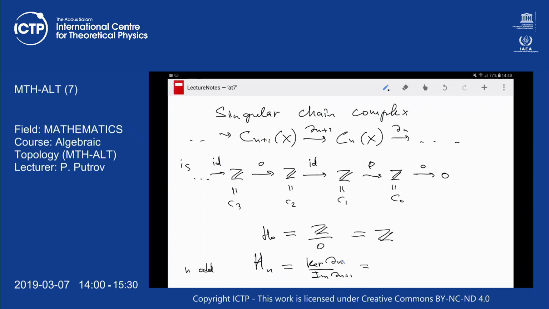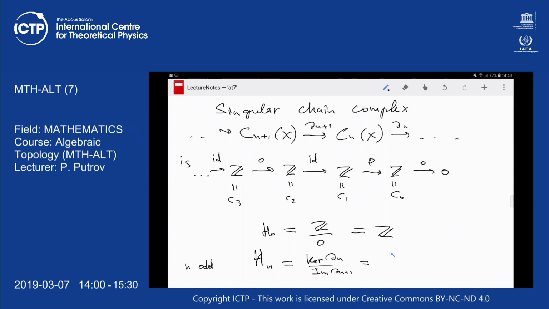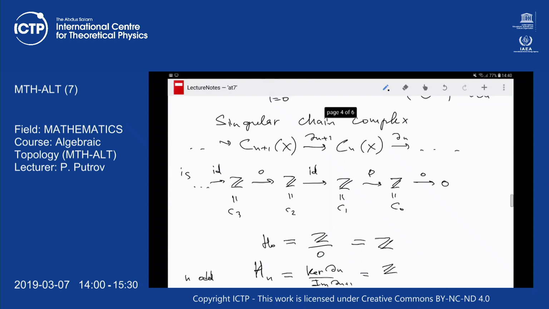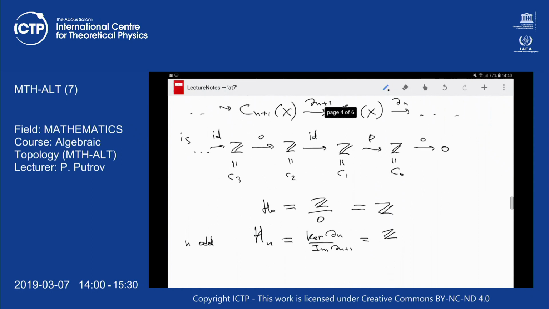So when n is odd, Dn is trivial, so the kernel will be the whole Z. And when n is odd, n plus 1 is even, so Dn plus 1 will be identity, so the image will also be the whole Z. So this is the trivial map and this is the identity, so the quotient will be 0.